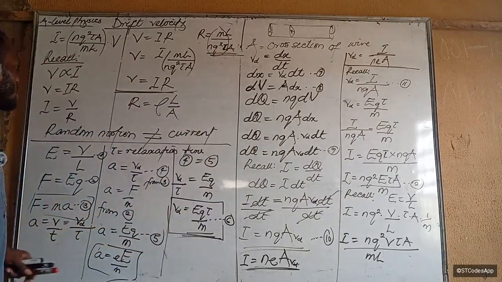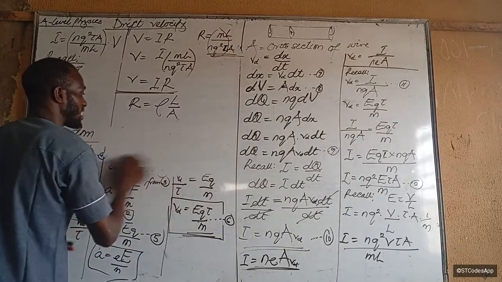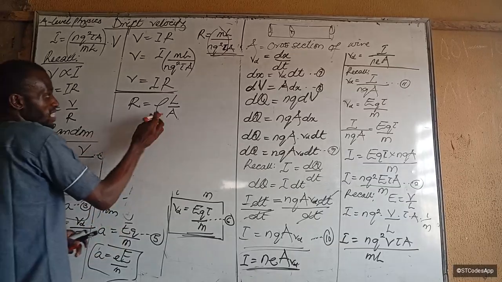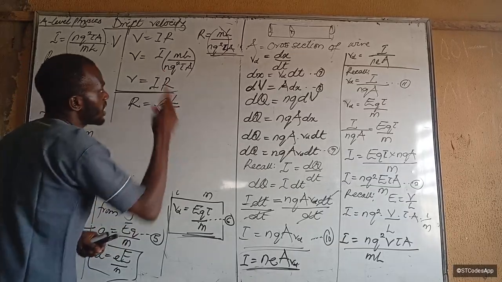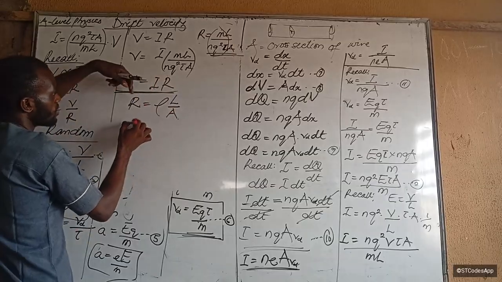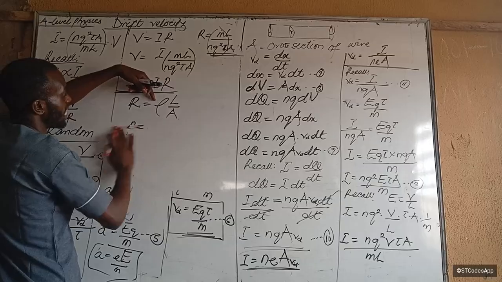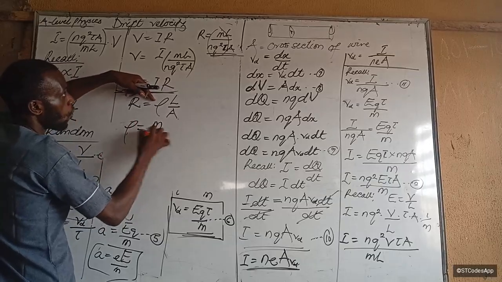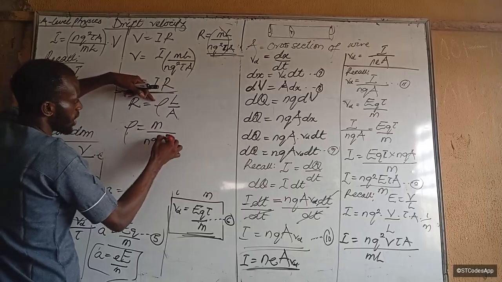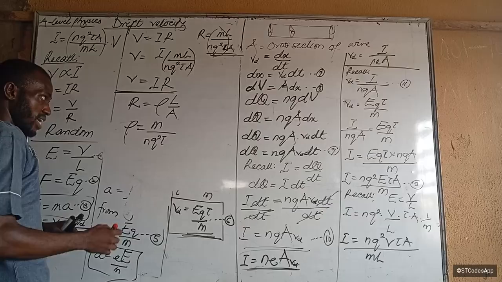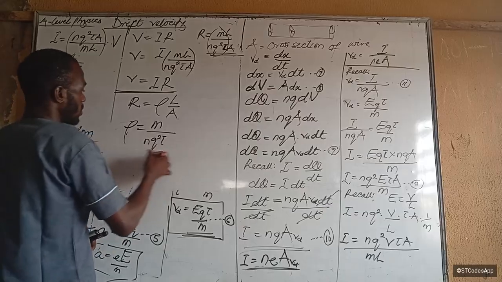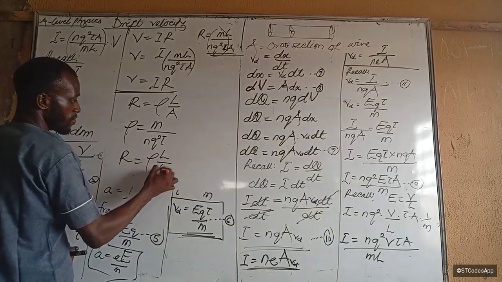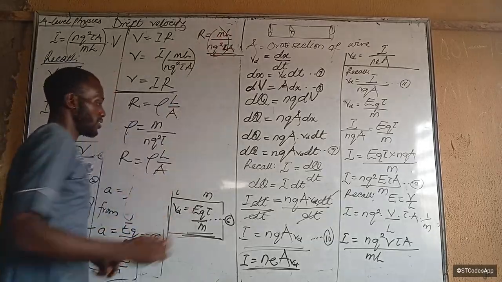You know this, for any given metallic conductor, the resistance of that conductor is going to be the resistivity times L over A. If that be the case, then I know that my rho is actually equal to m over nq squared tau, so that R is equal to rho L over A from this formula that I just showed you.